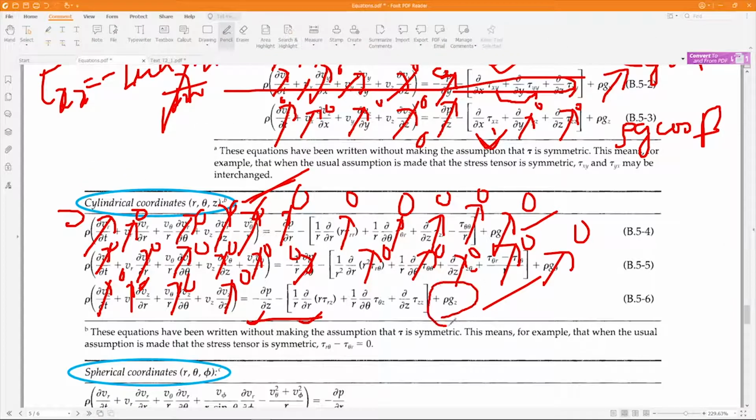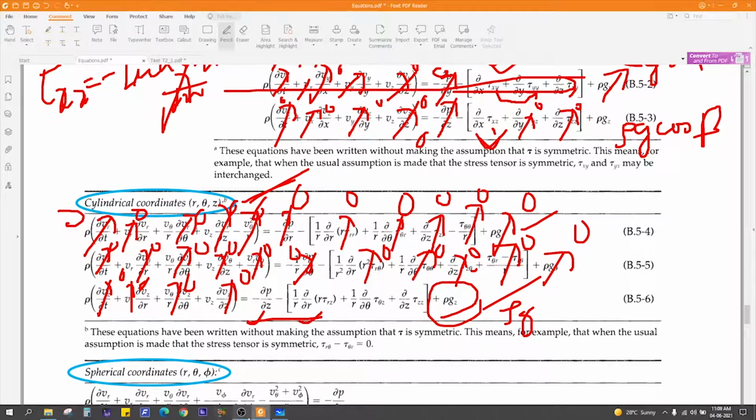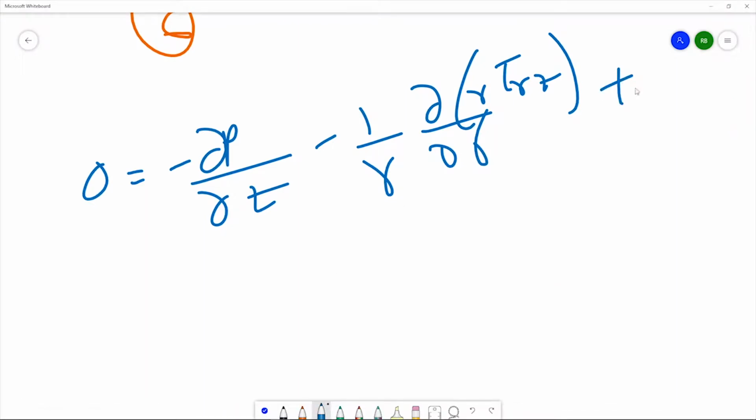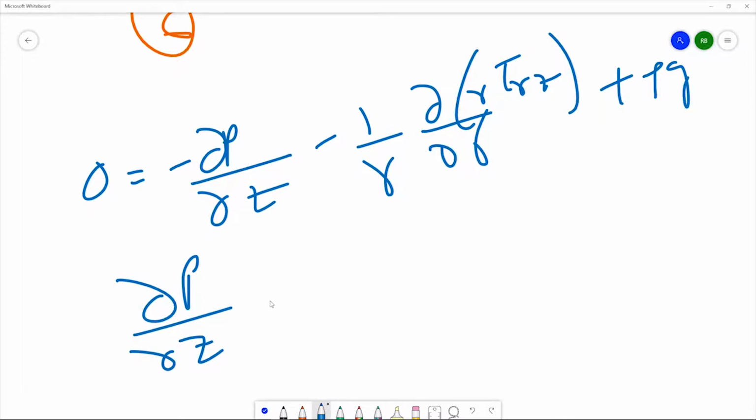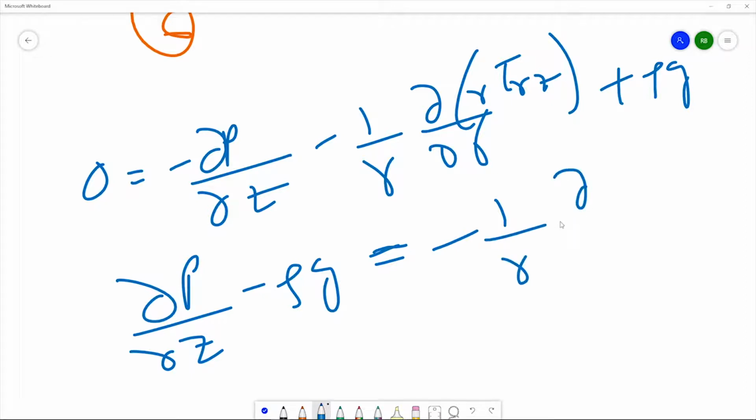Yeah, this gravity will be there. So it is nothing but rho g, plus rho g. So you can rearrange this term. So dou p by dou z minus rho g equal to minus 1 by r dou by dou r of tau rz.